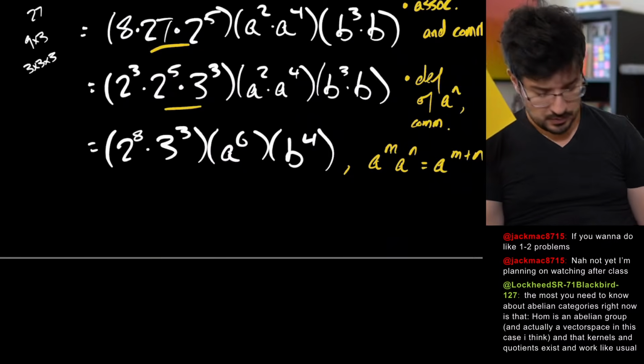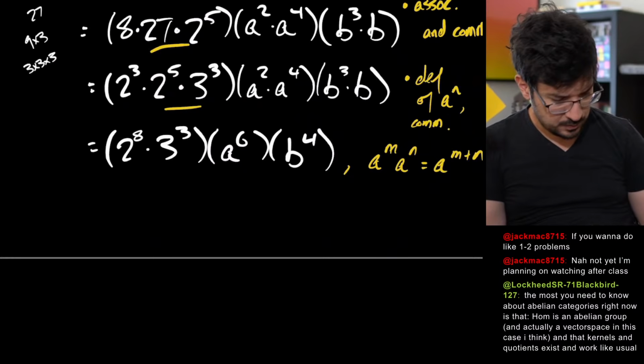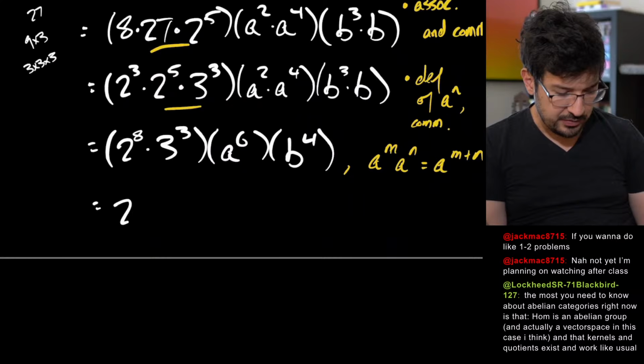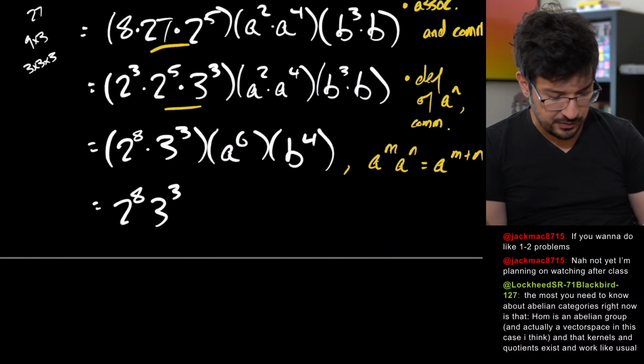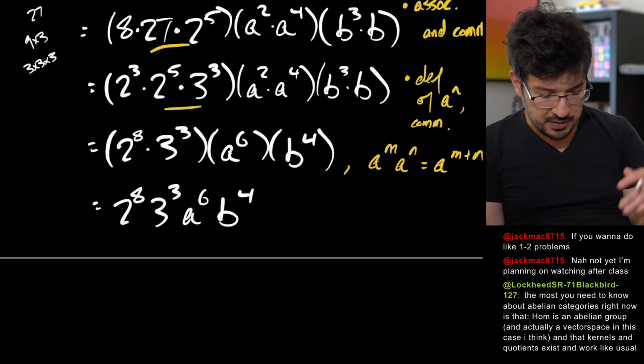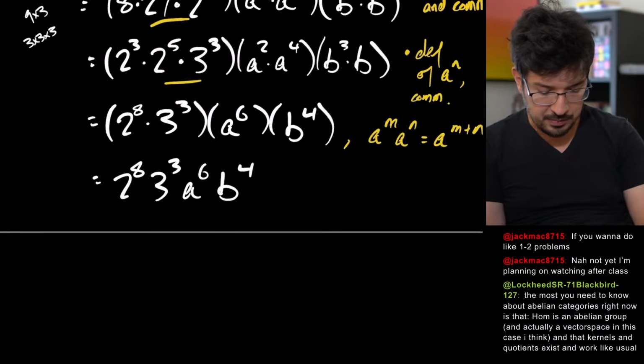And now I can drop all the parentheses because multiplication is associative. So we don't need parentheses in a series of multiplications.